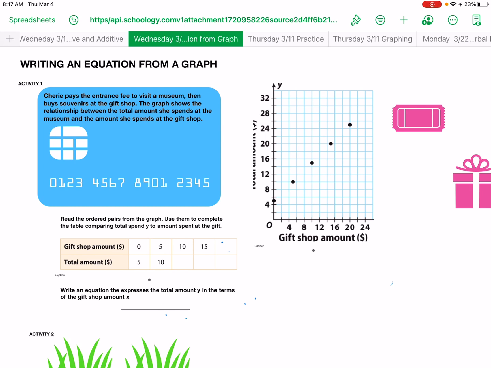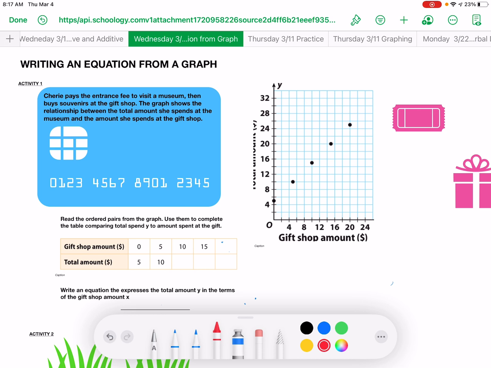So if we look at our independent, which is our x-axis, here it's counting by fours, and then every other would be twos. So I'm going to fill in there. And then same with the y-axis, which is the dependent.